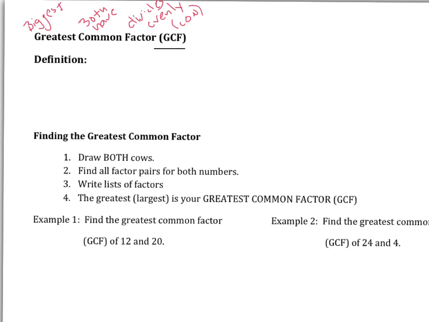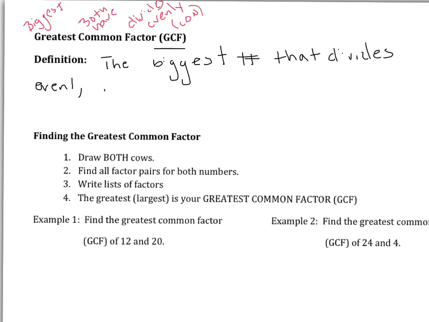So a definition that we can write out would be: the greatest common factor is the biggest number that divides evenly into our target numbers. The biggest number that divides evenly into our target numbers.